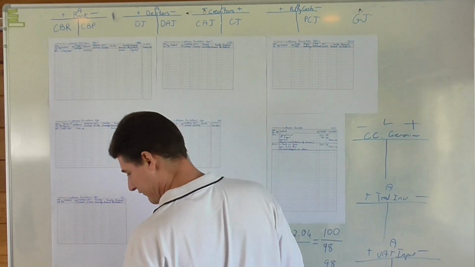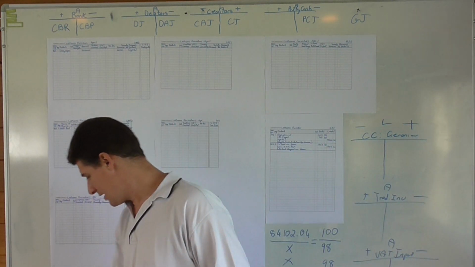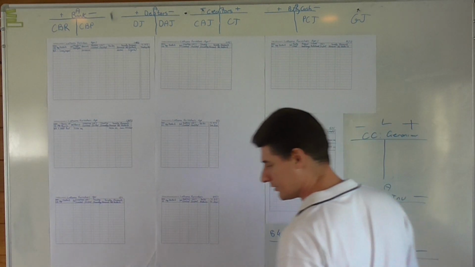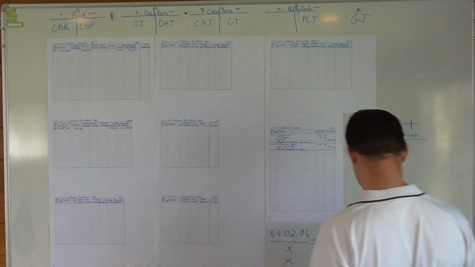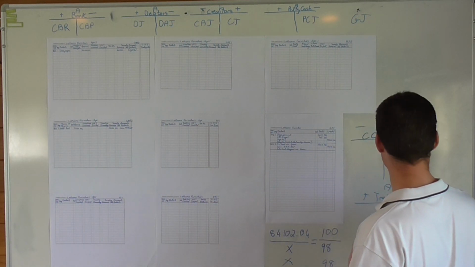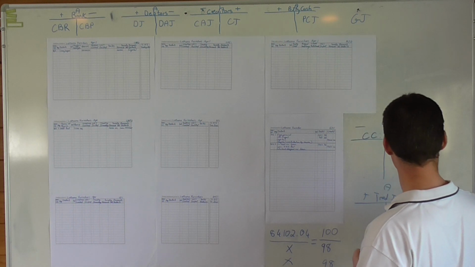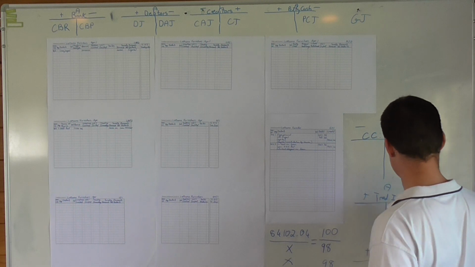Okay, so let's have a look. My creditors control increased because we bought on credit. So our creditors increased, our liability increased to 82420.